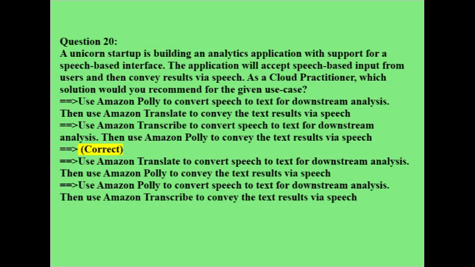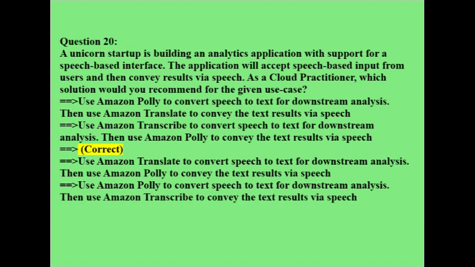Question 20. A unicorn startup is building an analytics application with support for a speech-based interface. The application will accept speech-based input from users and then convey results via speech. As a cloud practitioner, which solution would you recommend for the given use case? Option: use Amazon Polly to convert speech to text for downstream analysis.